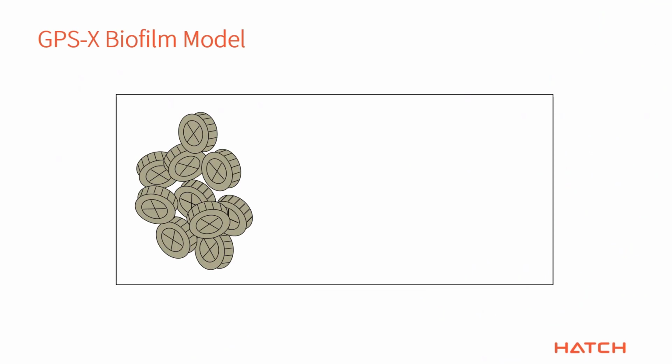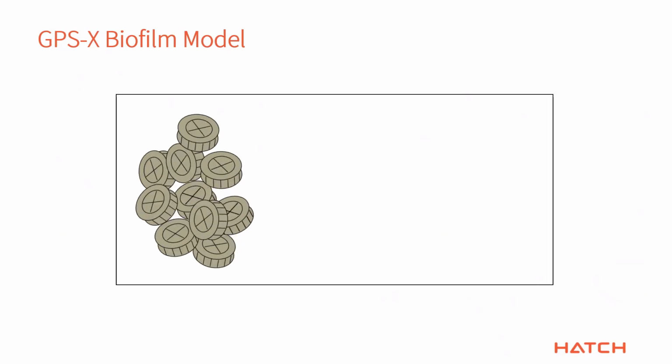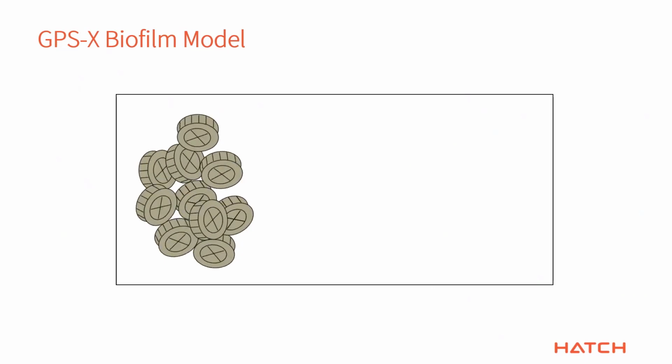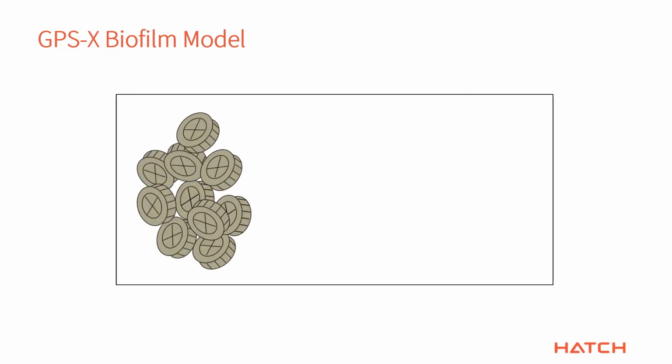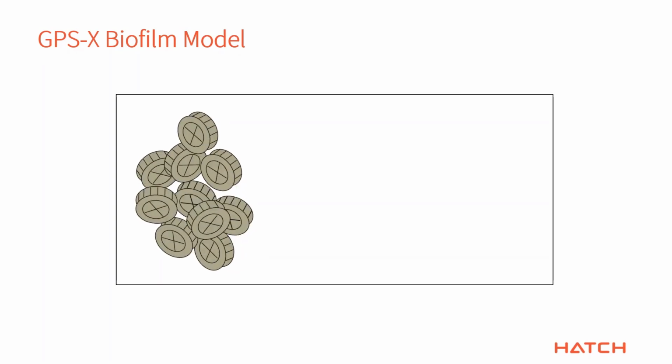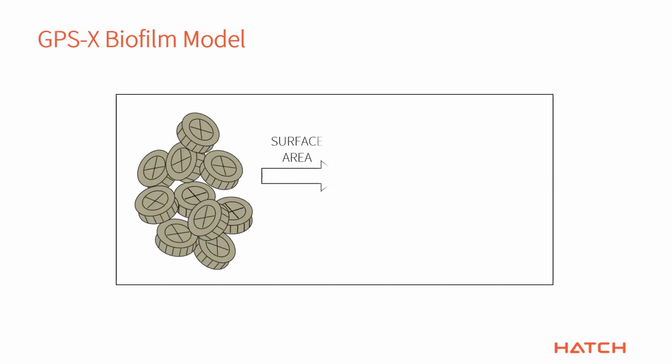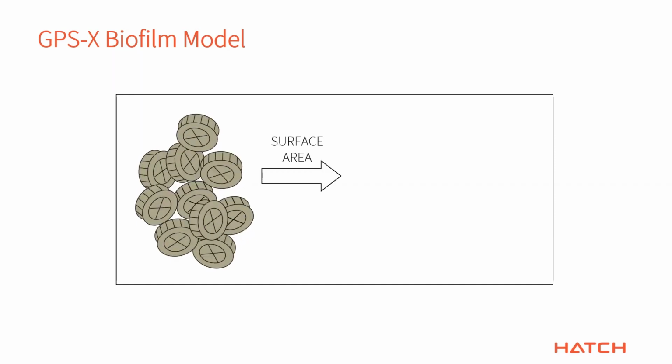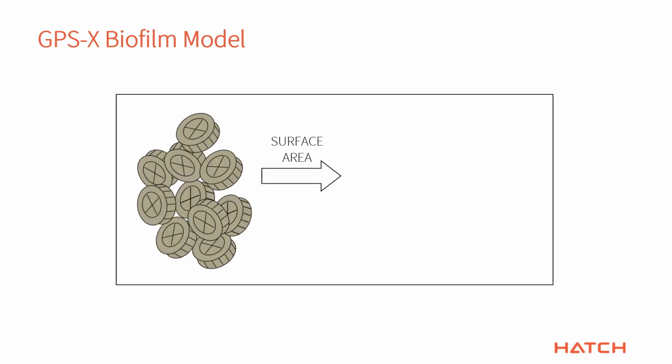The idea that we employ in any particular reactor that has media in it is that while we assume that the media itself is all of these little independent pieces floating around with each other, we take the parameters that you have entered in the model, and then we calculate the total amount of surface area that those pieces have.